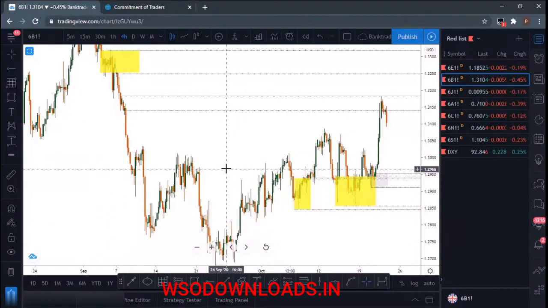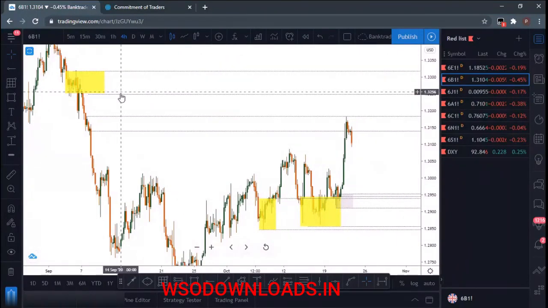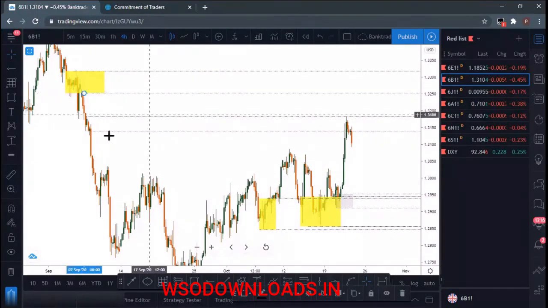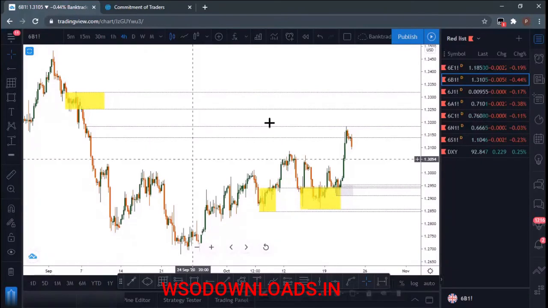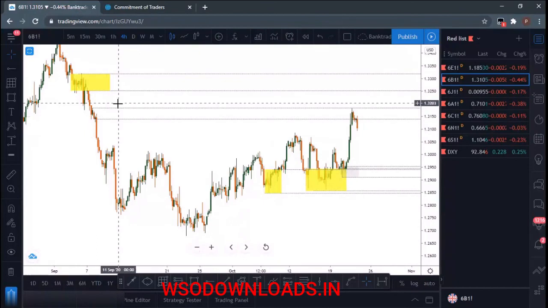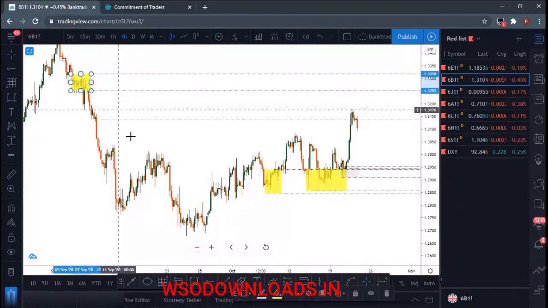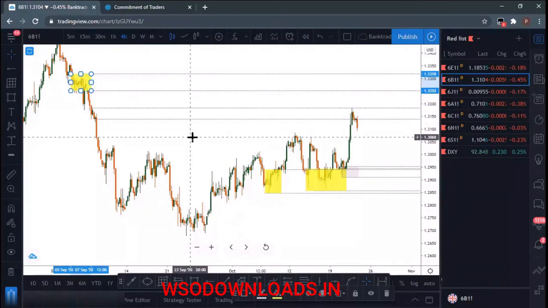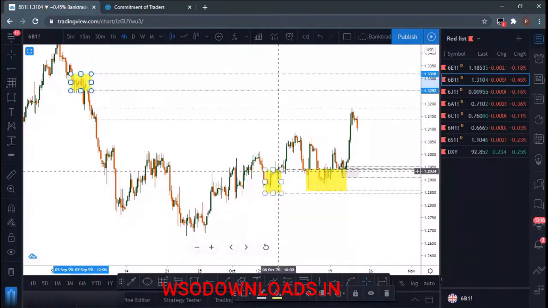Yes, you can take counter trend trades, but from my perspective, this area is nice, but you cannot take a short trade from this area because we're looking at the futures market, right? You cannot sell based on the pound futures market because the pound futures market is telling you to buy.